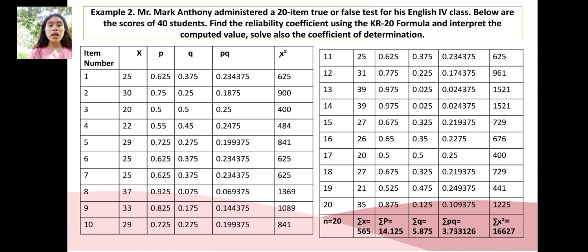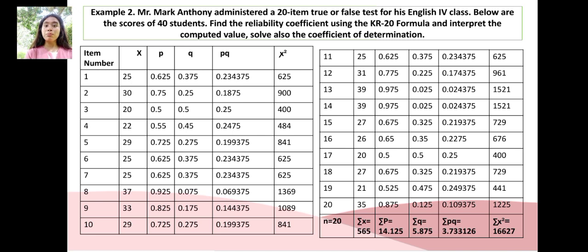How to get the summation of PQ? Just simply i-times lang nato silang duha. 0.625 times 0.375 is equal to 0.234375. Okay?